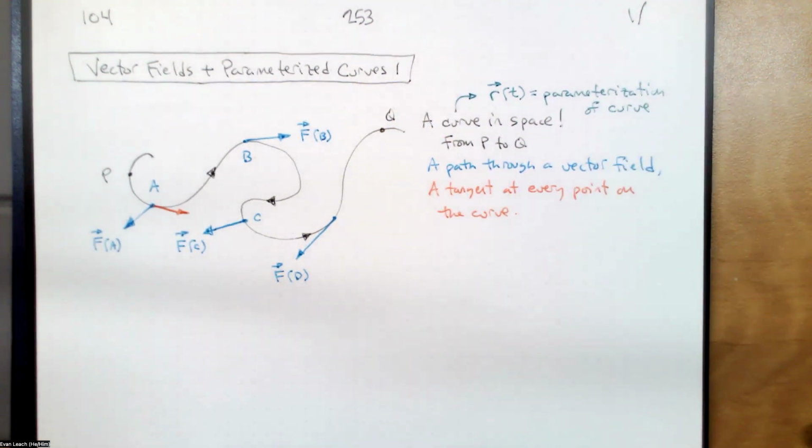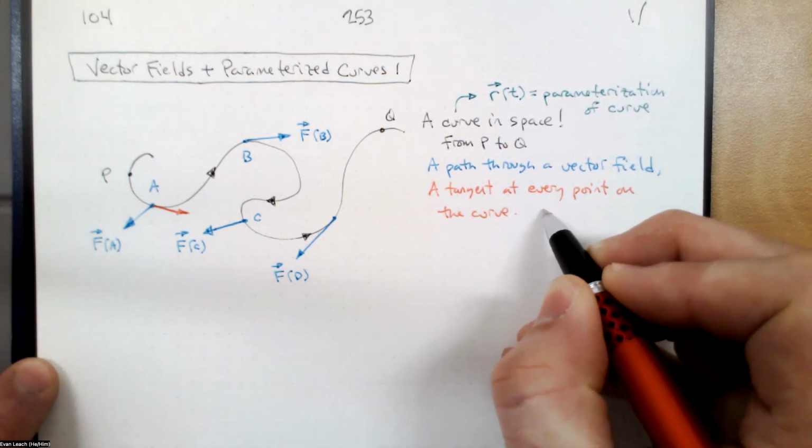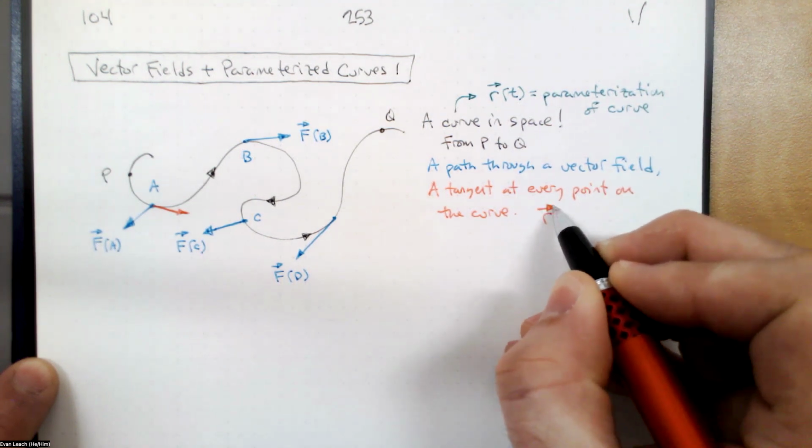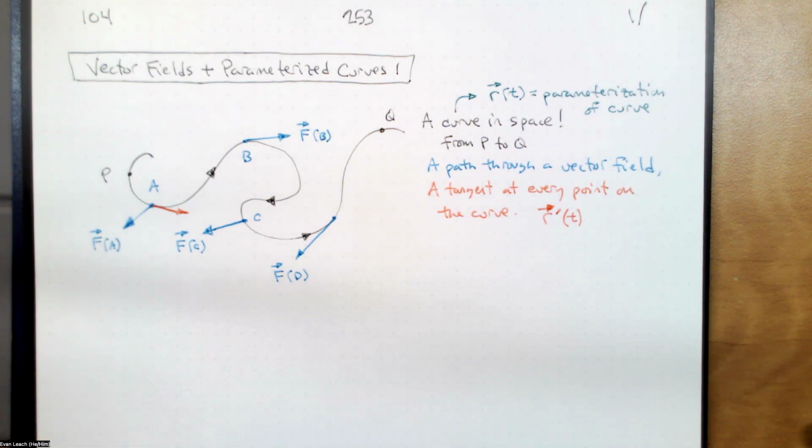So R of t is our parameterization of the curve. There's an R right in parameterization, so it makes perfect sense. The tangent is just the derivative of each of the components of our parameterization. So the tangent is R prime of t. So at that point A, we have a tangent to the curve at that point. That would be R prime at A.